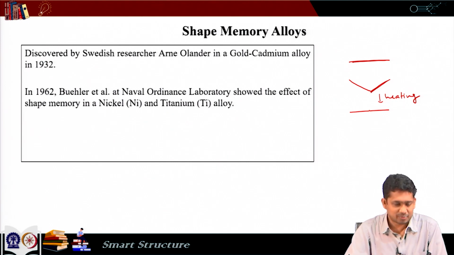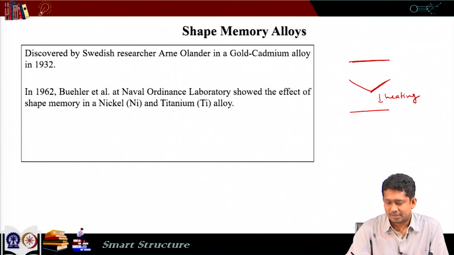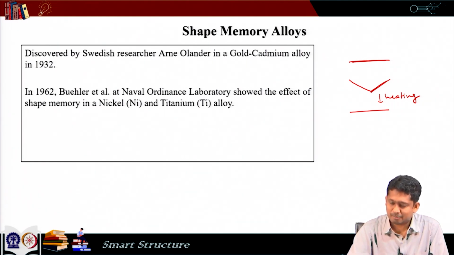These materials were discovered by Swedish researcher Arne Olander in a gold cadmium alloy in 1932, and 30 years later Buehler and others at the Naval Ordnance Laboratory showed the shape memory effect in a nickel and titanium alloy, nitinol. Because of this memory, these materials are quite used as actuators.